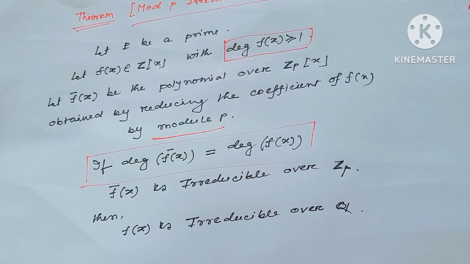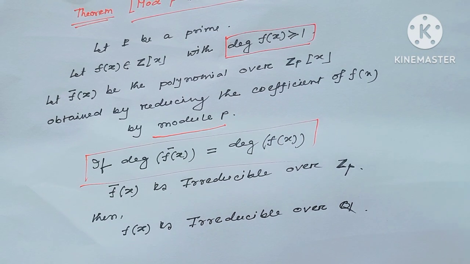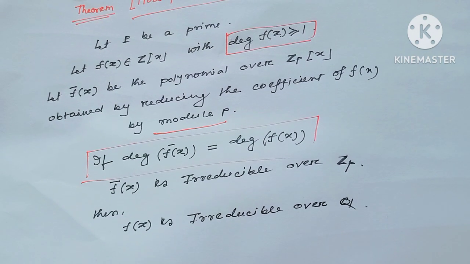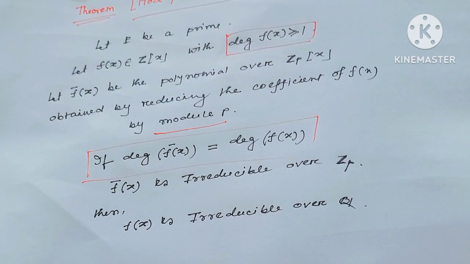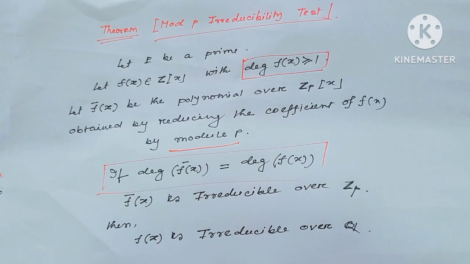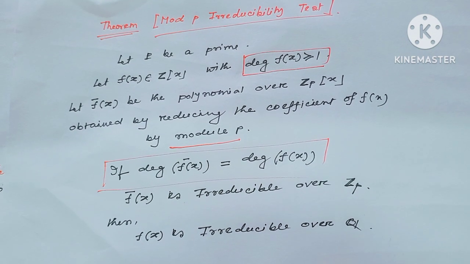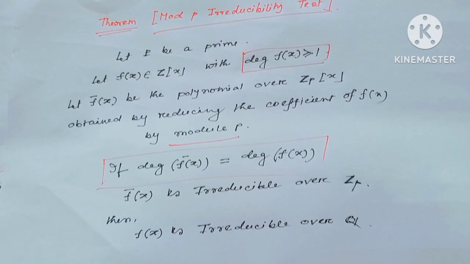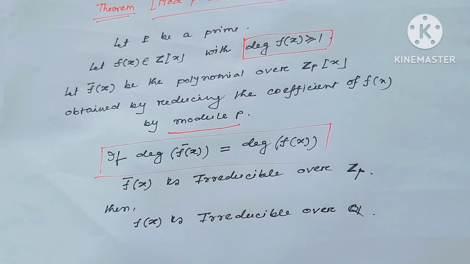In my previous video I also discussed this theorem with some examples. Today I will introduce one more example, because if you understand this theorem well, you can easily solve any question, and this theorem is very important for higher study.